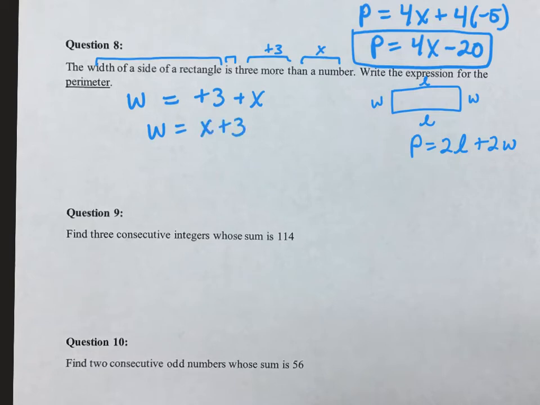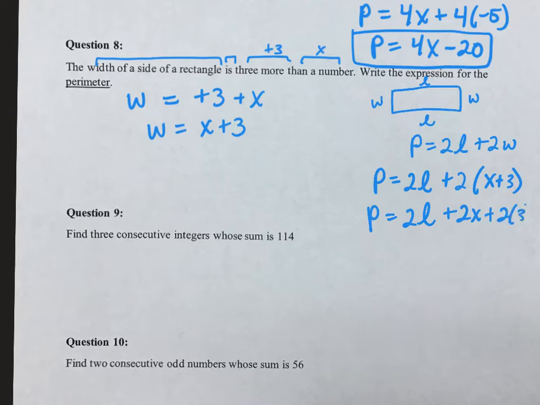Now they're asking us for the expression of the perimeter. So now I'm just going to plug this back in over here. So my perimeter is 2 times my length plus 2 times my width, which is X plus 3. Now I can distribute: 2L plus 2X plus 2 times 3.